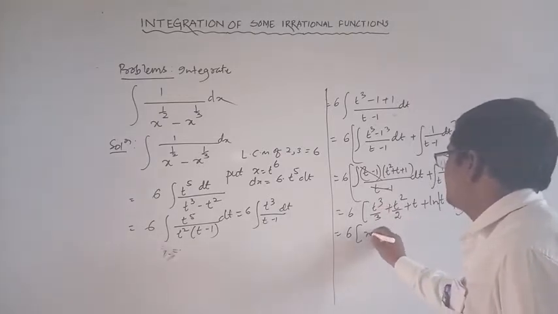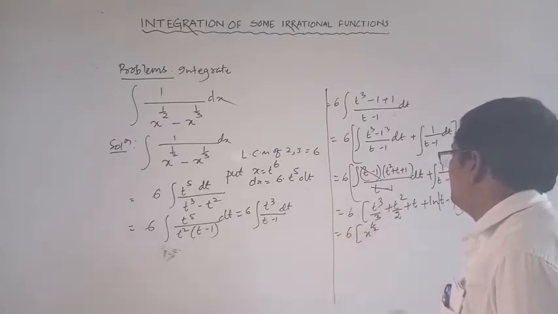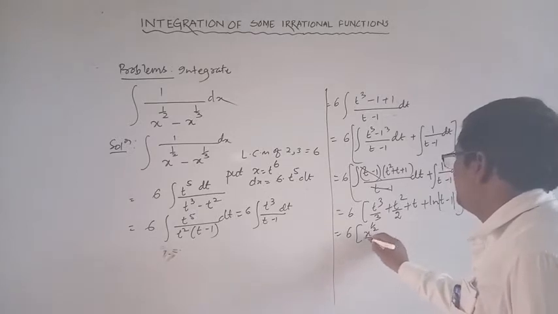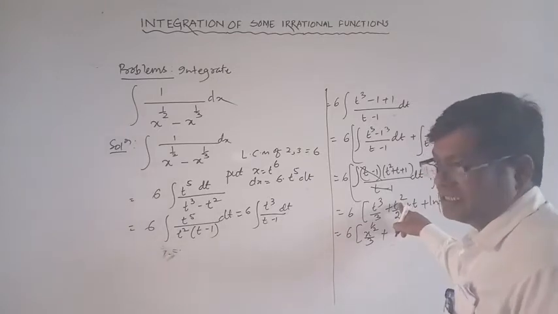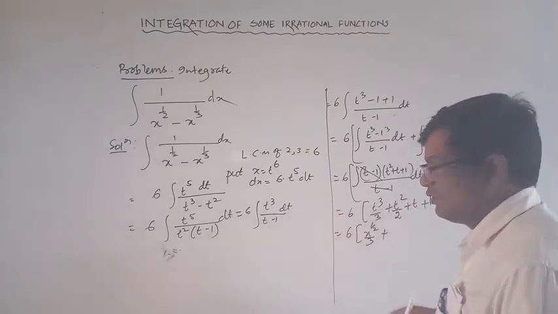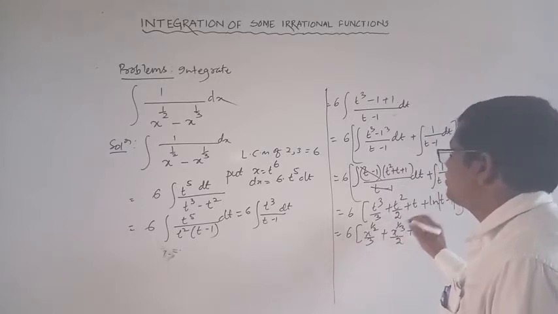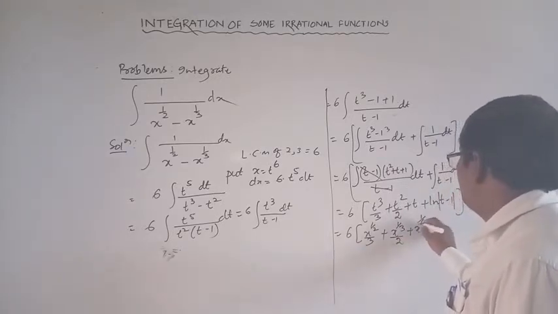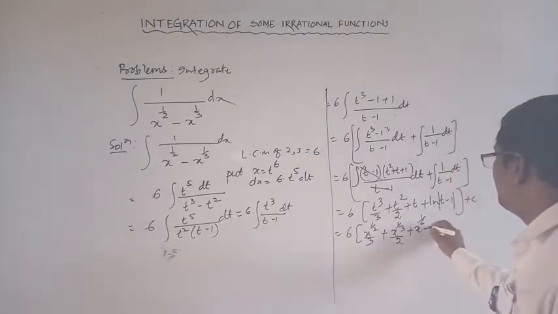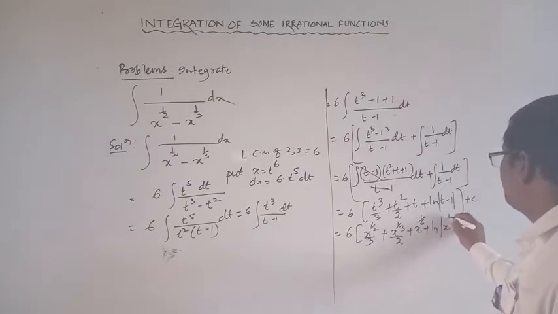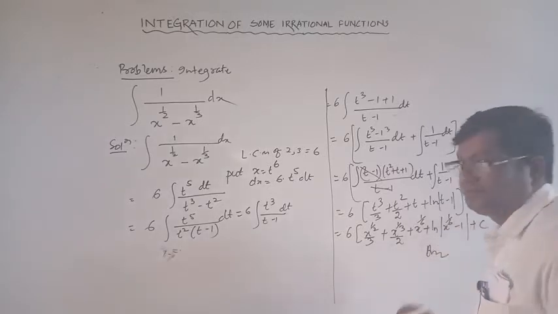So x to the power 1 by 6 cubed, that is x to the power 1 by 2, by 3, plus t square means x to the power 1 by 3 by 2, plus t means x to the power 1 by 6, plus log of x to the power 1 by 6 minus 1 plus c. This is the answer.